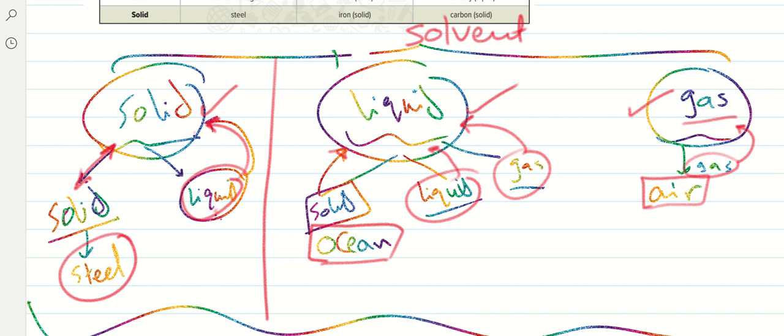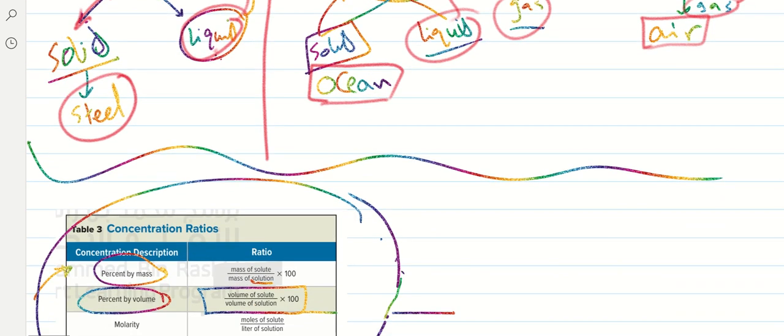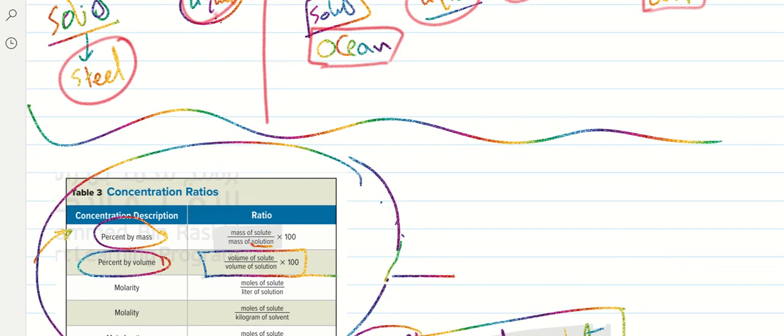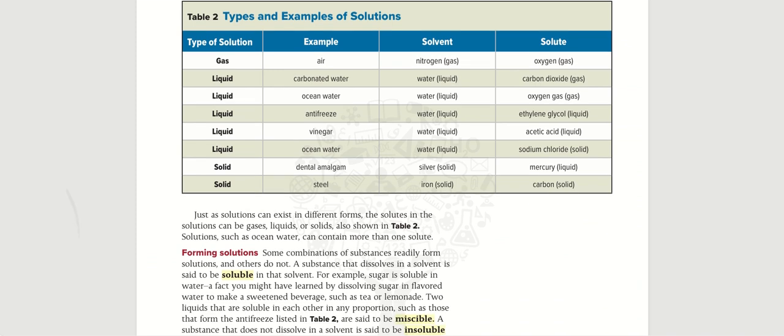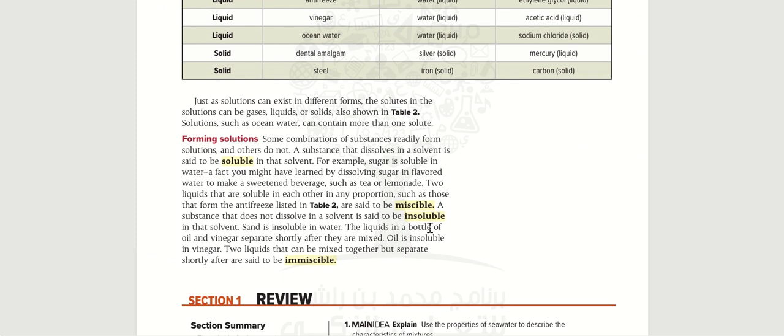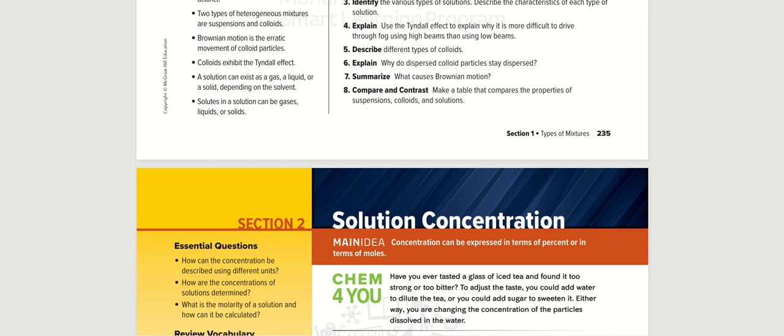They will not make a solution together because they will be separated into different layers, a layer of oil and a layer of water. They are immiscible. This is the first lesson, and this is soluble, this is insoluble, this is miscible, and this is immiscible.